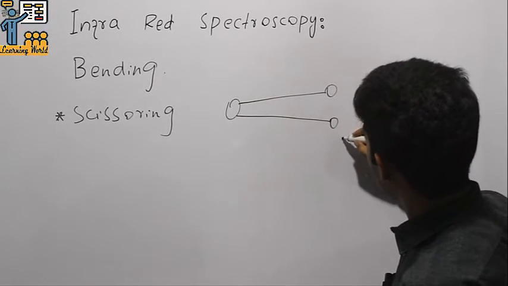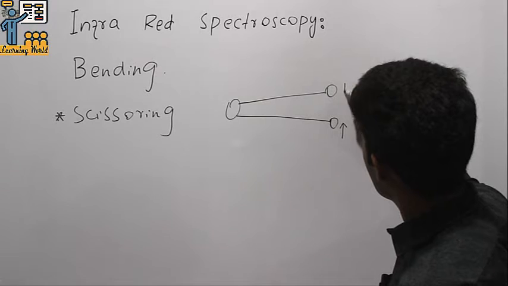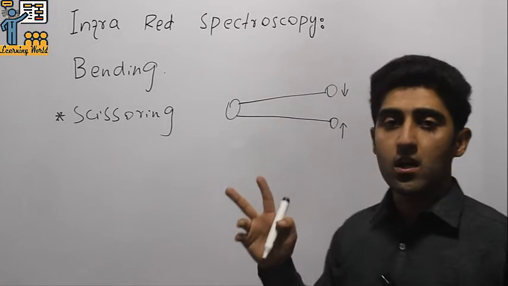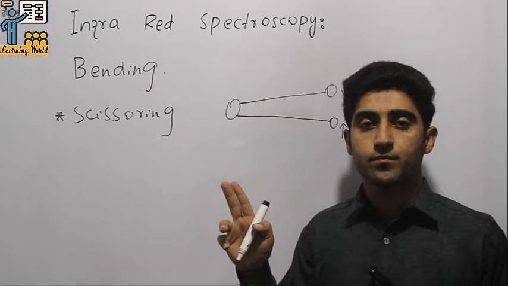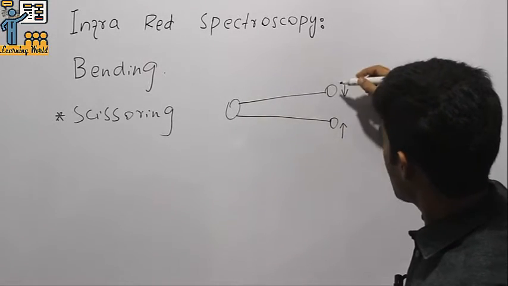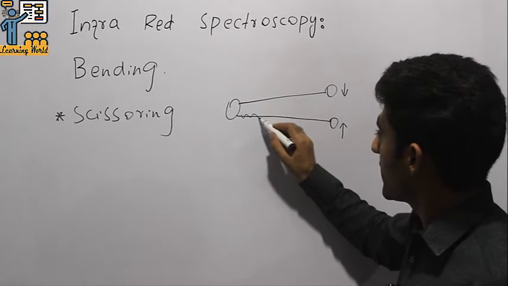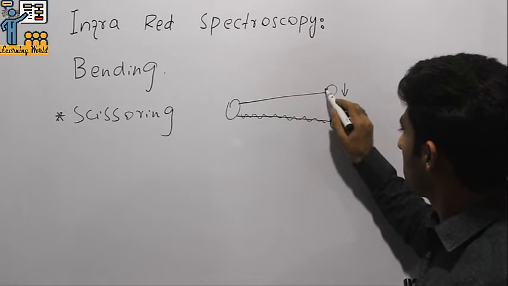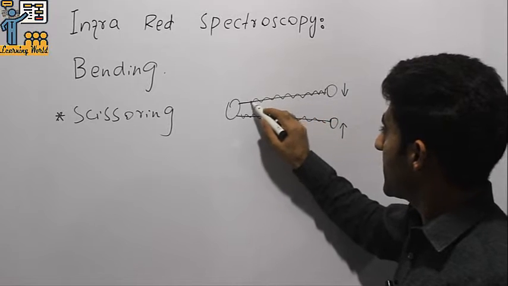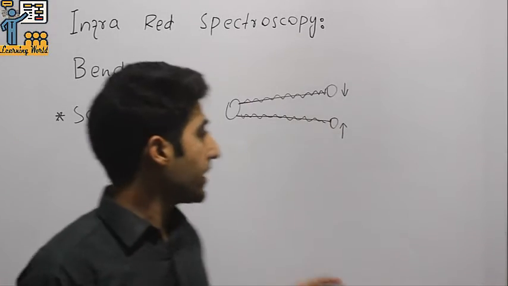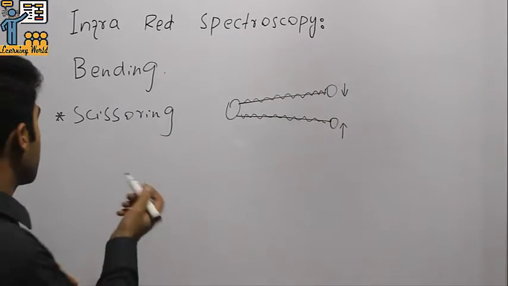They will move toward the upside and they will move toward the lower side, like a scissor. This interatomic bond will behave like a spring. So scissoring movement occurs in scissoring type of bending.